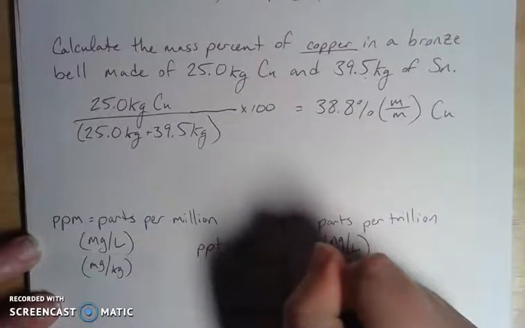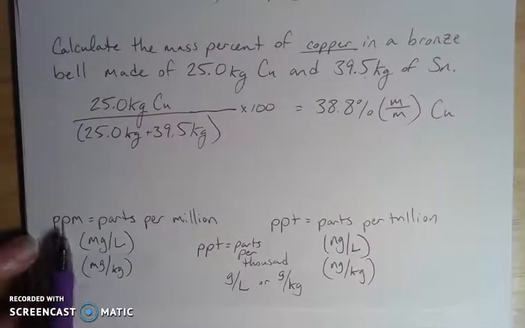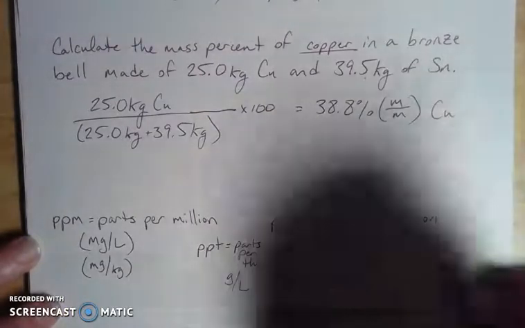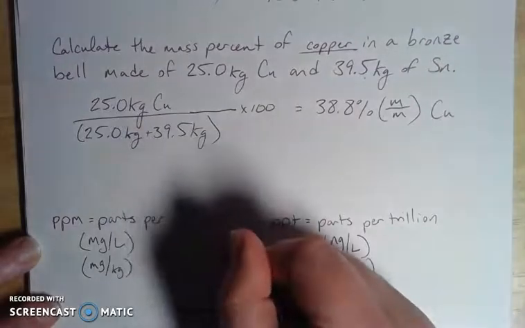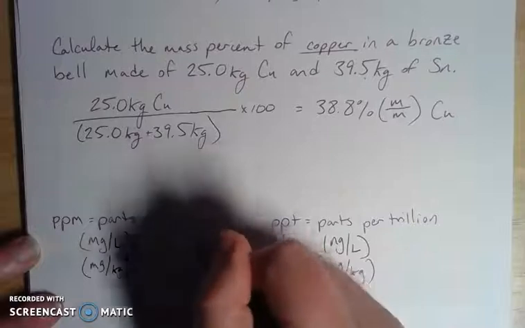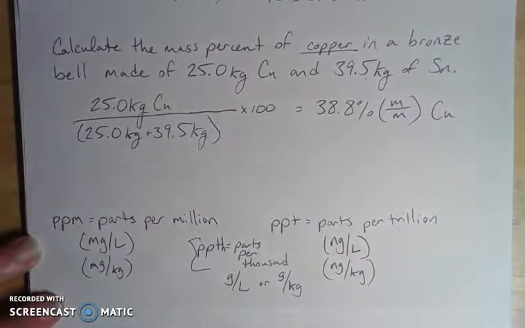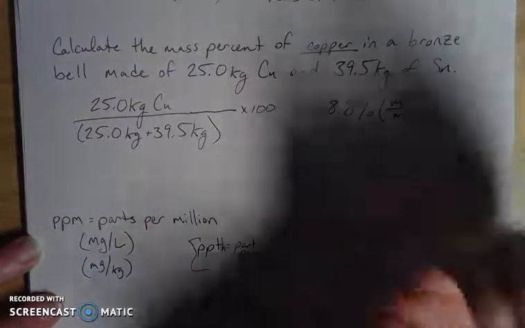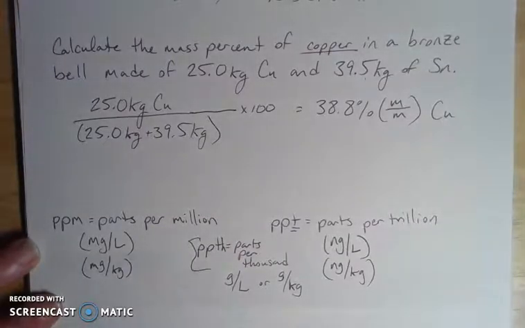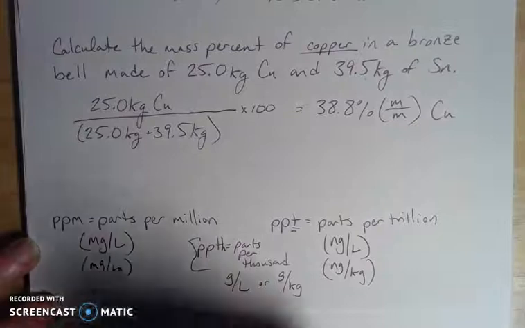So if you have a solution that's something ppm or something ppt, or sorry, parts per thousand is kind of a ppt. This one's a little less common because grams per liter is really just a little bit less. Parts per trillion is the ppt. You'll see it as parts per thousand also.